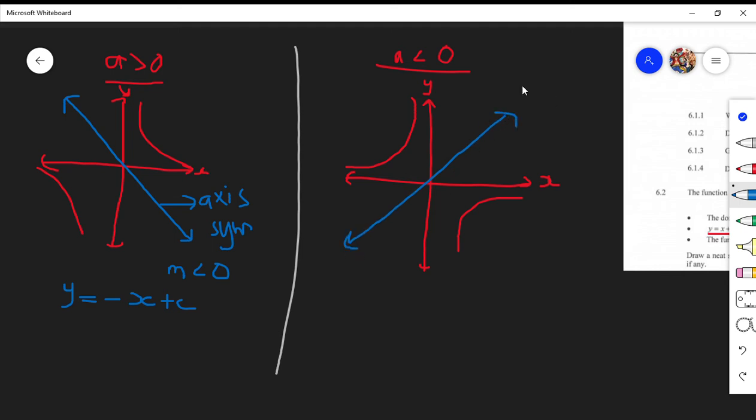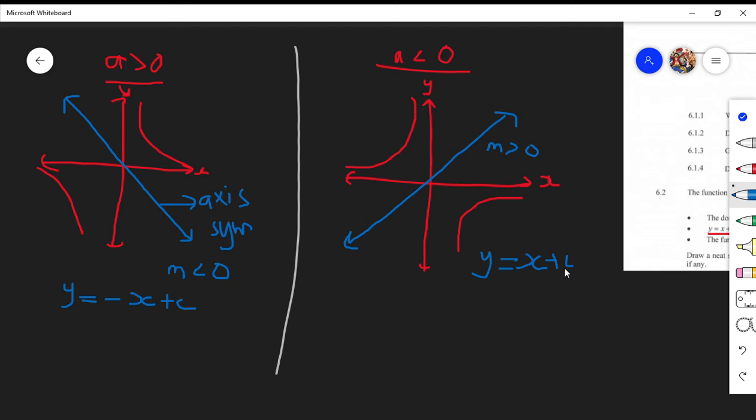So now A is less than 0, you're going to have a positive axis gradient, and A greater than 0, you're going to have a negative axis gradient. So your gradient of your axis is greater than 0, which is y is equal to x plus c.